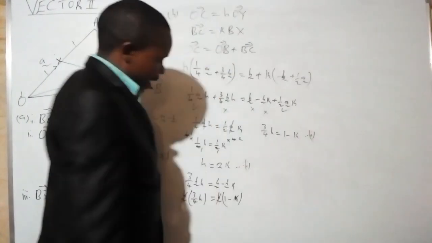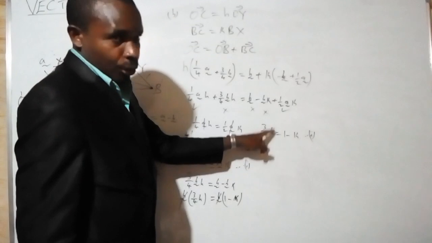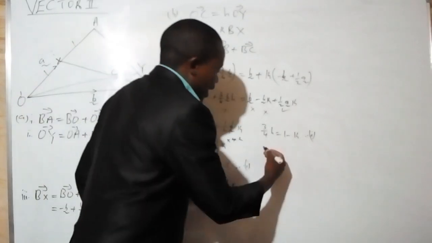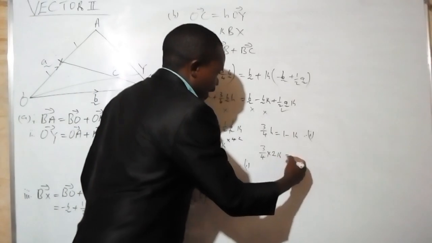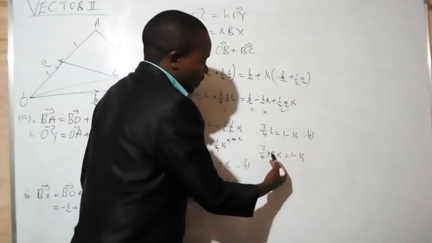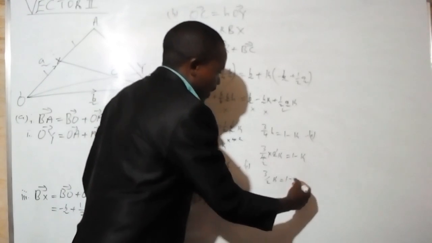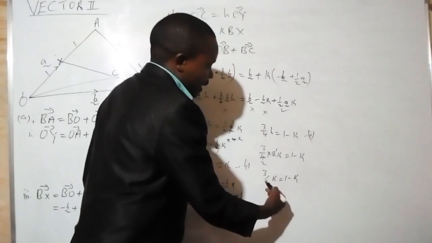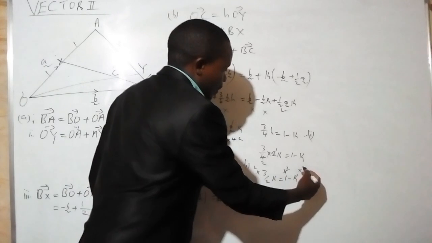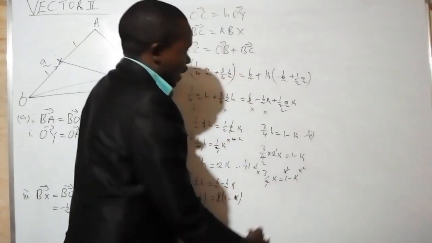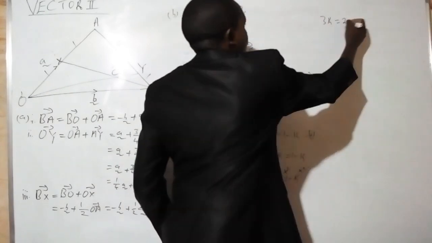This being your equation 1, you are going to substitute your H in equation 2. You say that 3 over 4 times 2K is equal to 1 minus K. By 2 and by 2, 2. 3 over 2 K is equal to 1 minus K. You can multiply that by 2, and you are going to have 3K is equal to 2 minus 2K.